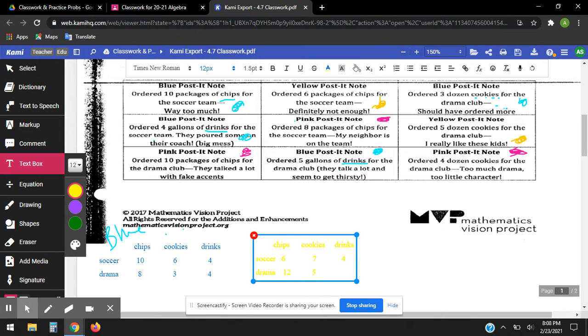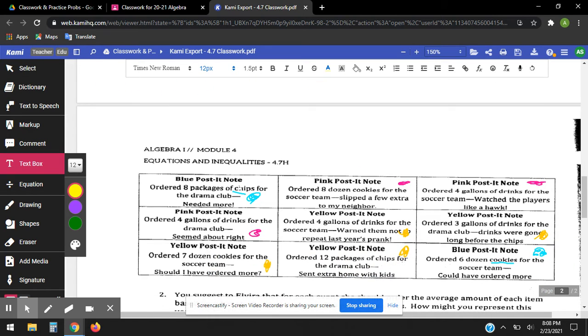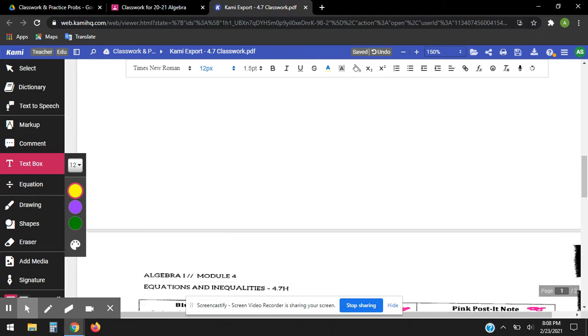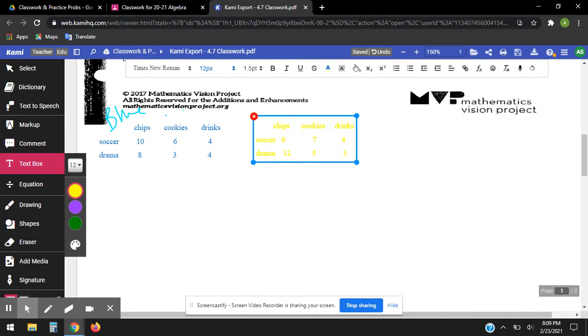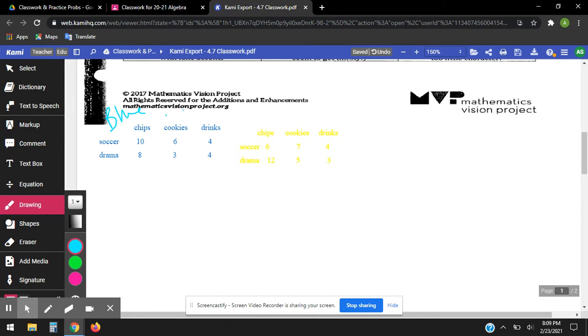And then drinks down below. A lot of back and forth with these 2 different pages. 3 gallons of drinks for the drama club. All right, 3. So these were under the yellow. We'll go ahead and write that in here. So these are the yellow sticky notes.